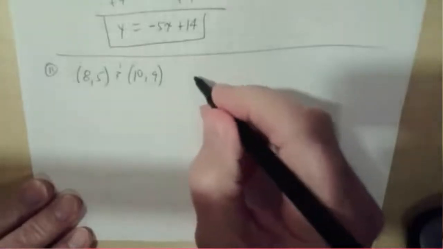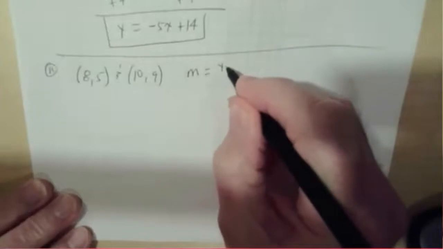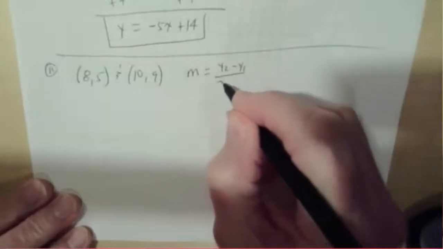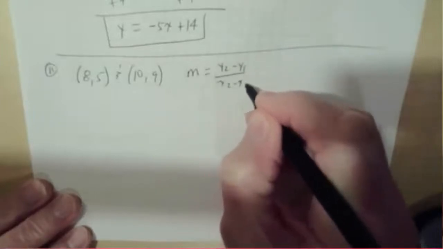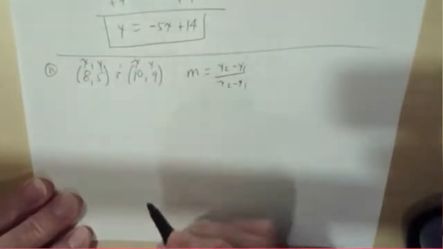Basically, the only thing you can do here is slope. y2 minus y1 over x2 minus x1. Remember, always in the form xy. This is the first point, so we call it x1, y1, x2, and y2.